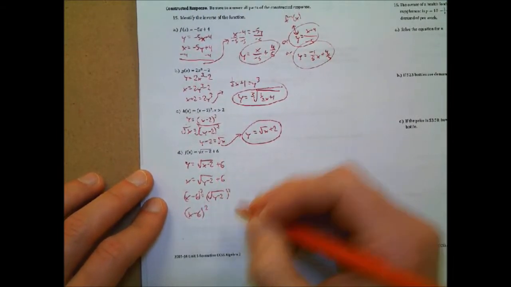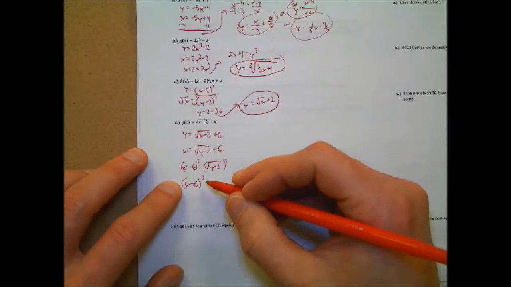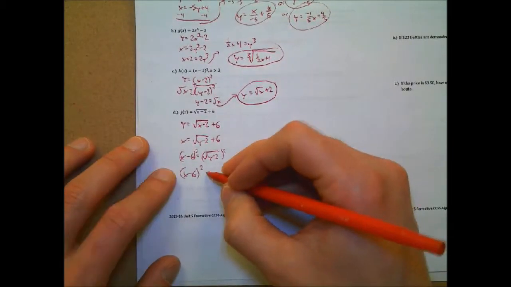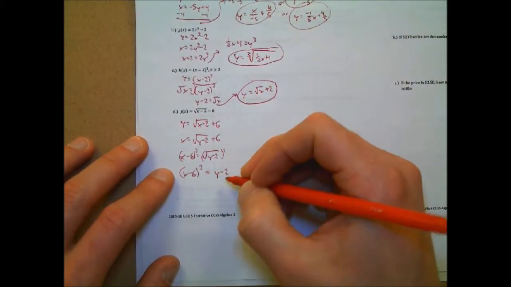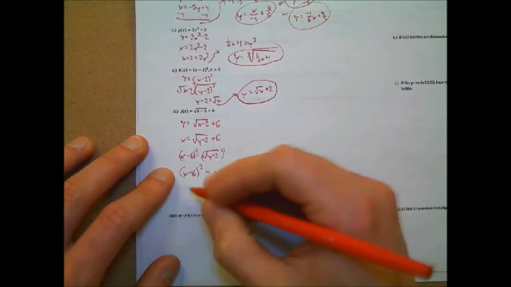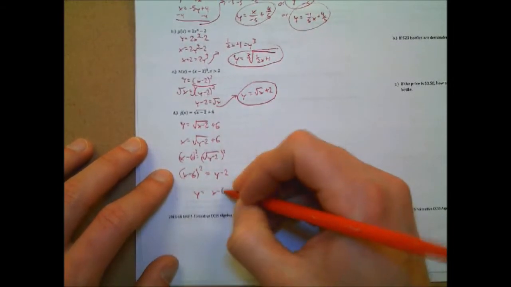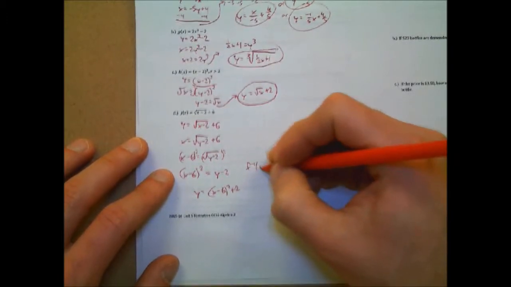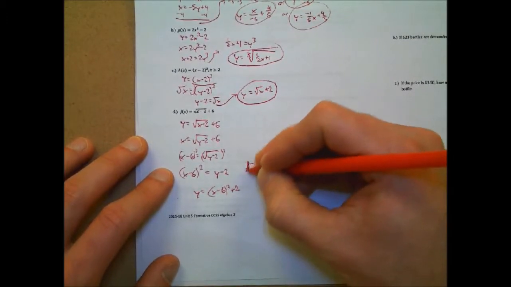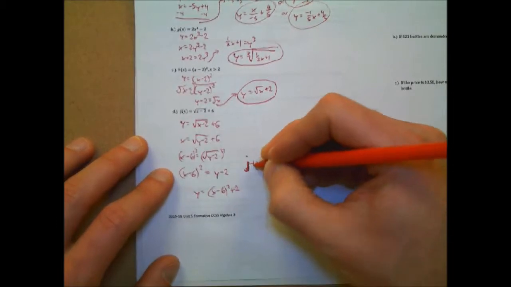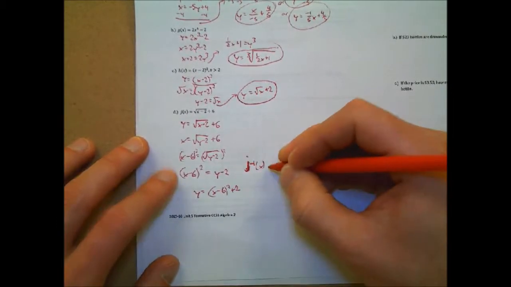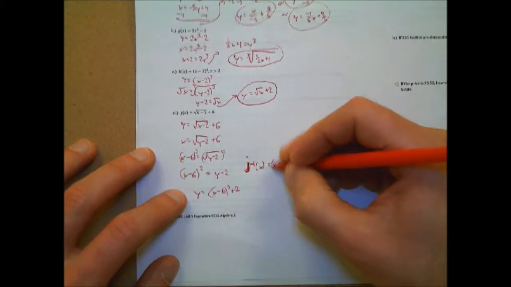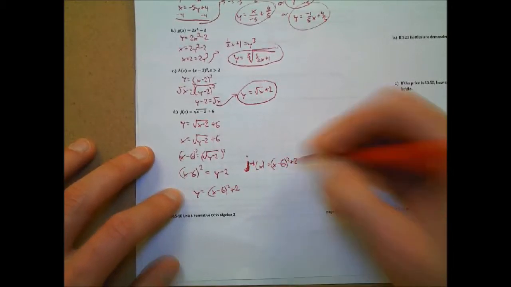You can FOIL this out if you want to, like x minus 6 quantity squared, or you can leave it unfoiled, your choice. I find it easier to just leave it like that, and we'll just add the 2 over. So we get j inverse of x equals x minus 6 squared plus 2. And there are your inverses.